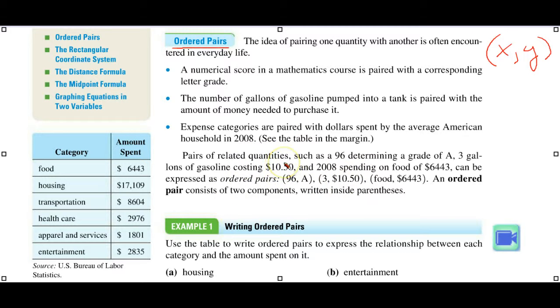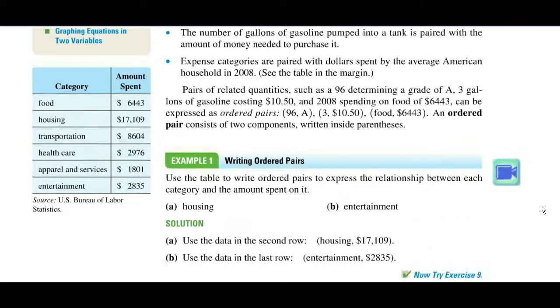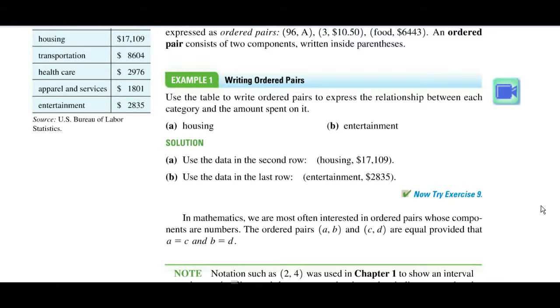So our first little topic here, as they give you examples to work on, will be to write ordered pairs to express the relationship between category and the amount spent on it.